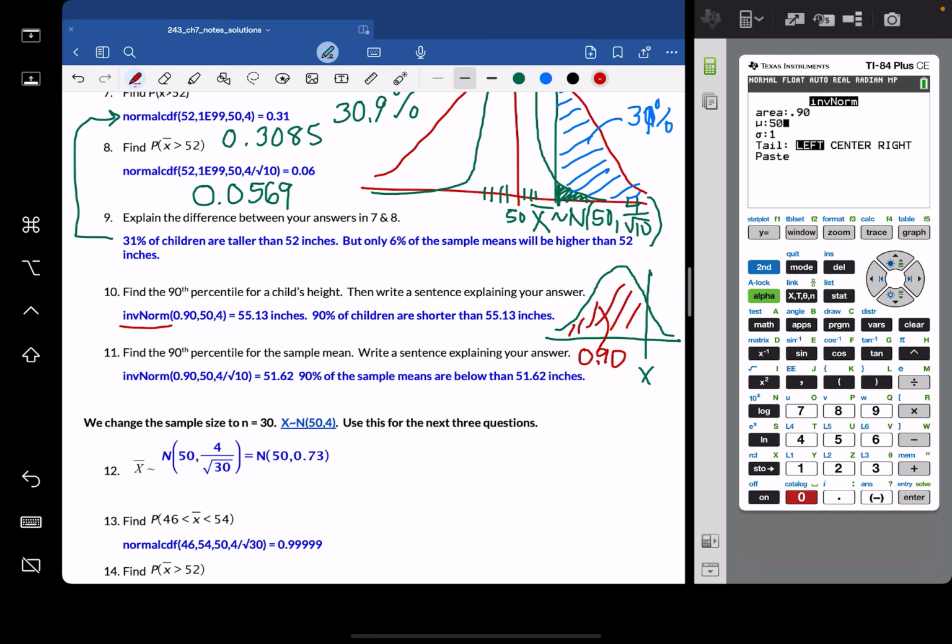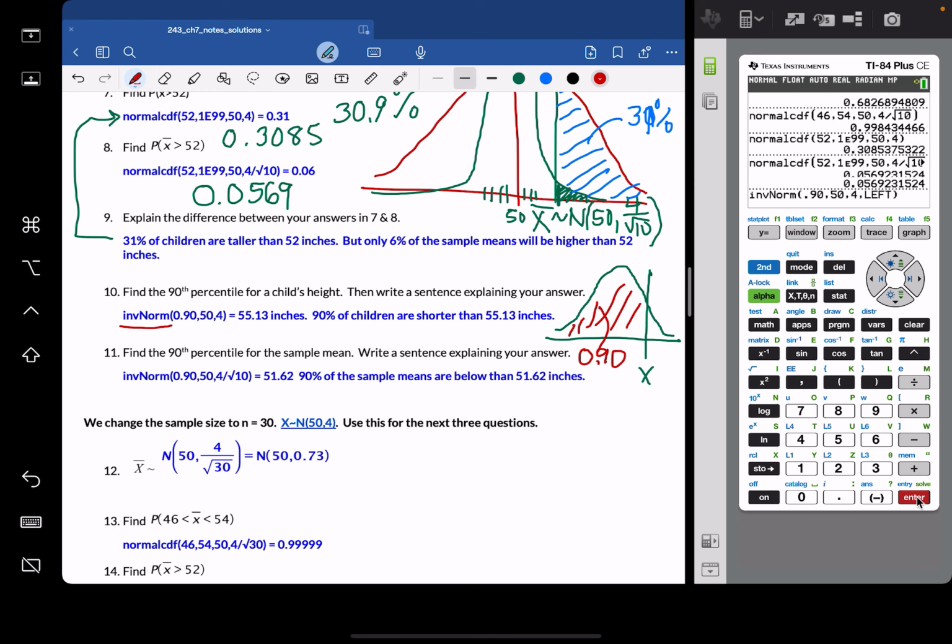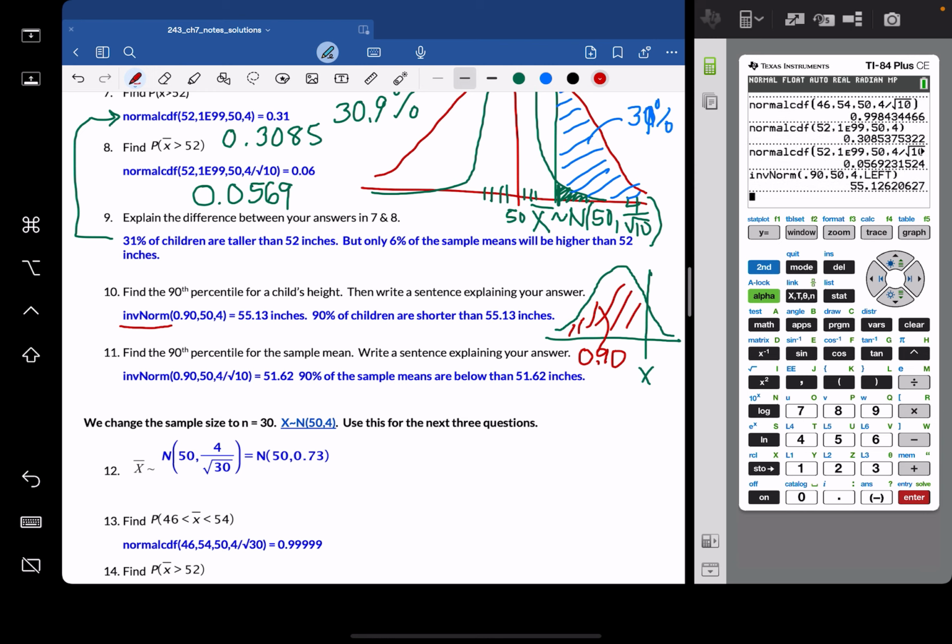Mu is 50, sigma is 4, and then I can just arrow down and have it calculate what the X value would be. And it's saying 55.13 inches. So 55.13 inches is the X value that we were looking for.